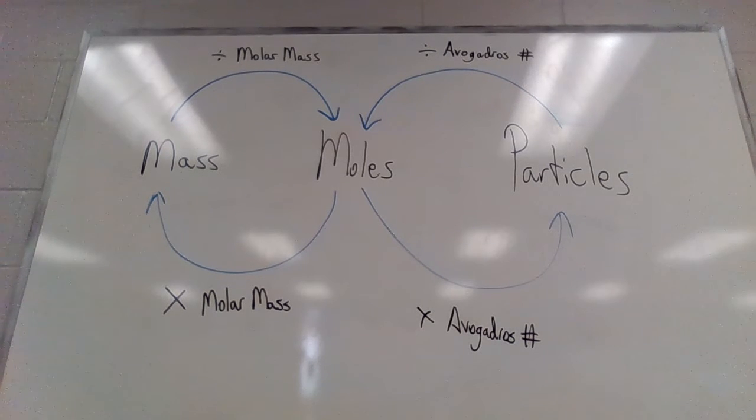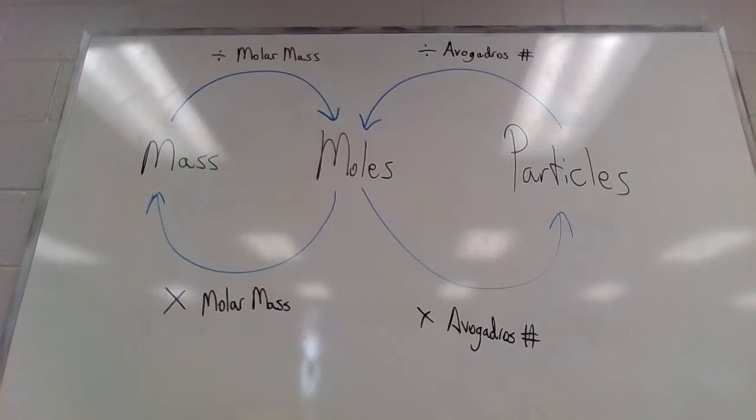So when you get answers in moles, they should probably be a reasonable number too. 1 mole, maybe less than a mole, like 0.5 moles or 0.7 moles. Maybe like 2 or 3 or 6 moles. But if I have like 5,000 moles, that's probably a little bit big for the answer. I want it to be a regular kind of simple number, just like grams in a way. So moles should be a regular number.